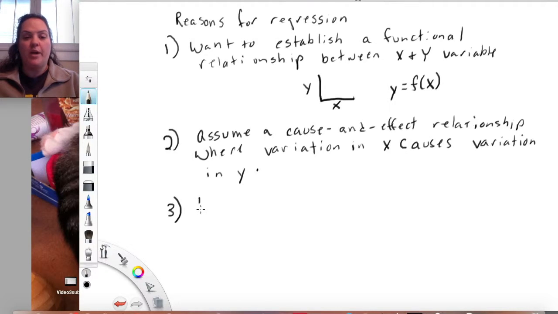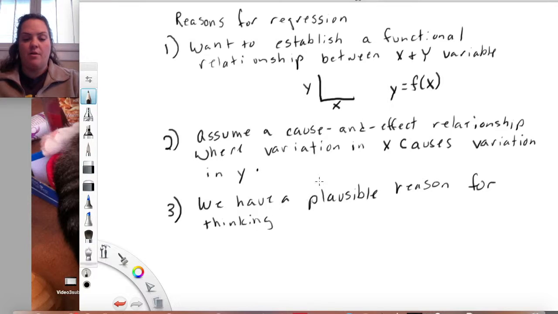The third is we have a plausible reason for thinking x causes variation in y.